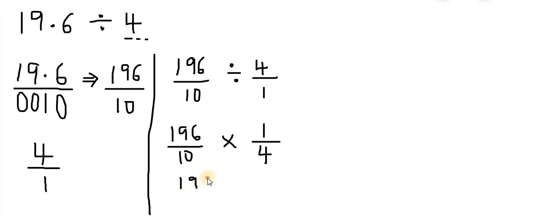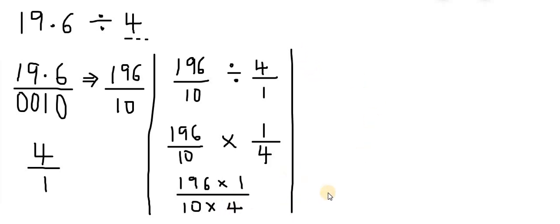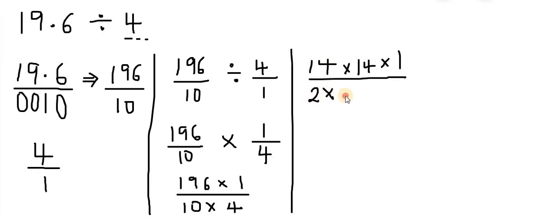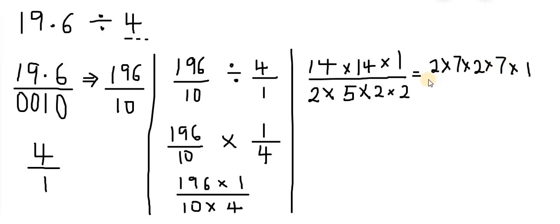So that's 196 times 1 over 10 times 4, which means that creates 196, and that's 14 times 14 times 1. 10 is 2 times 5, 4 is 2 times 2, and we can further break 14 down into 2 times 7 times 2 times 7 times 1 over 2 times 5 times 2 times 2.